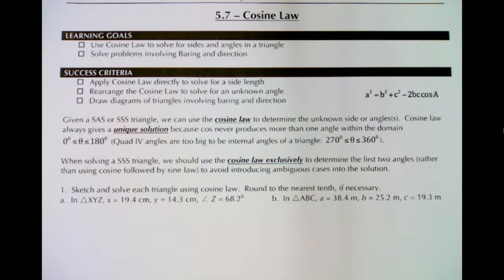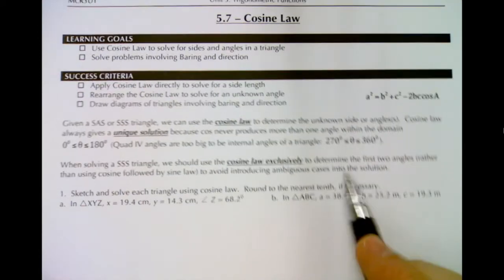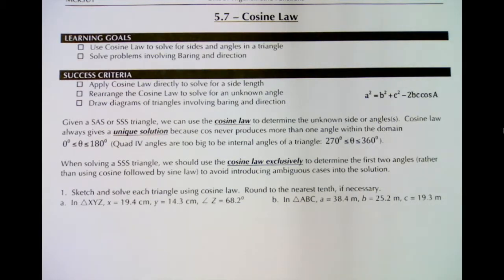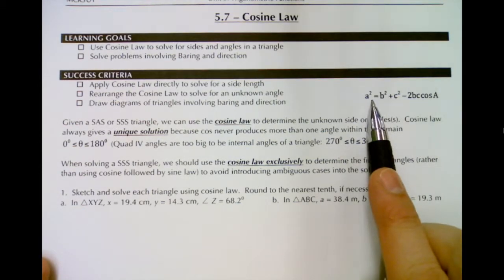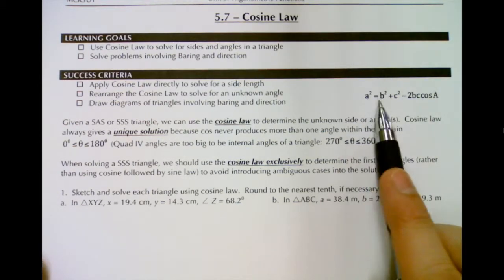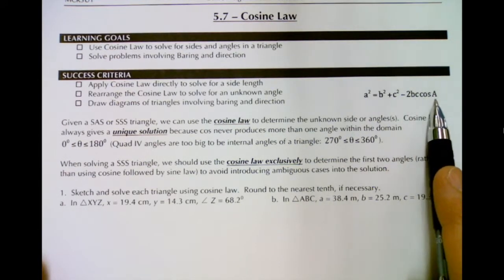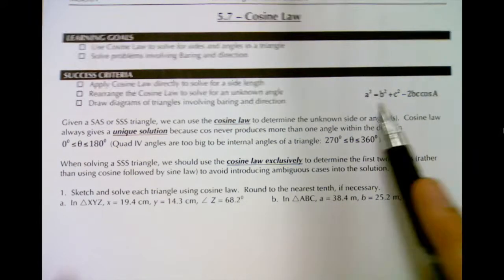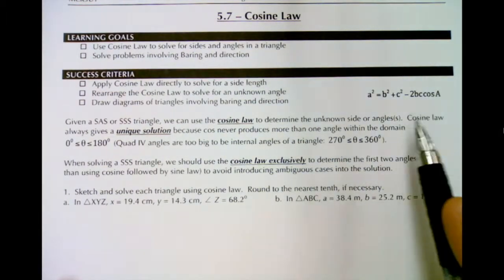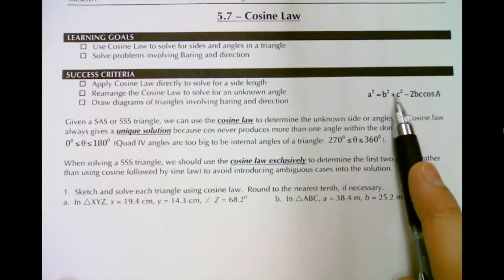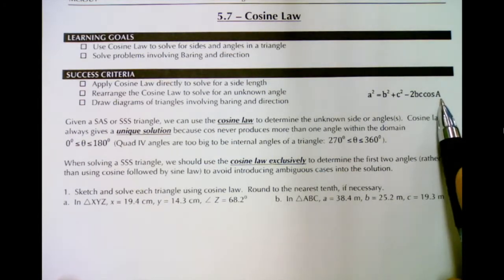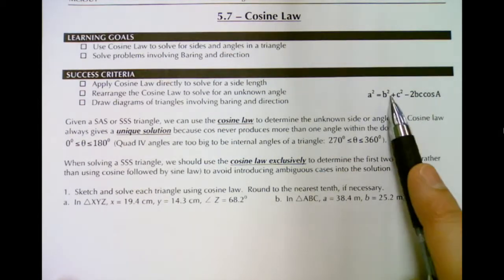The other quadrant in which cosine gives you a positive ratio is the fourth quadrant, but angles between 270 and 360 are too big to be in a triangle, so we don't have to worry. So the cosine law, written to solve for a side, looks like this: a squared equals b squared plus c squared minus 2bc cos A. To use this equation, you need to have two sides, b and c, and the angle A, which is the angle between sides b and c.